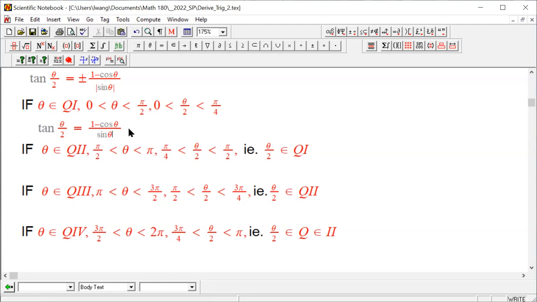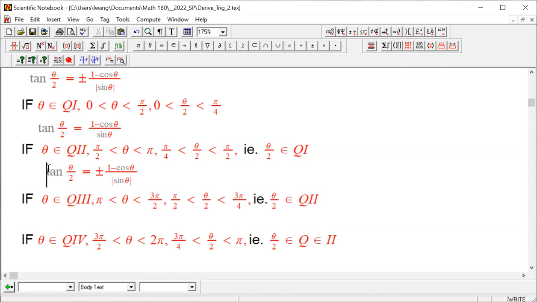In the second quadrant, theta over 2 is in the first quadrant, so this is still positive. Positive can be omitted. Sine theta is in the second quadrant, but sine theta is still positive there. The absolute value of a positive is the same as the positive number.